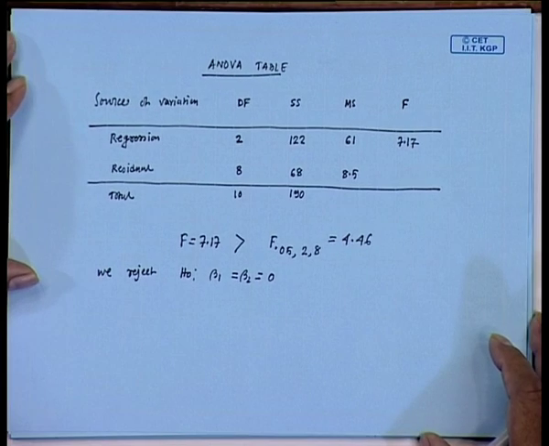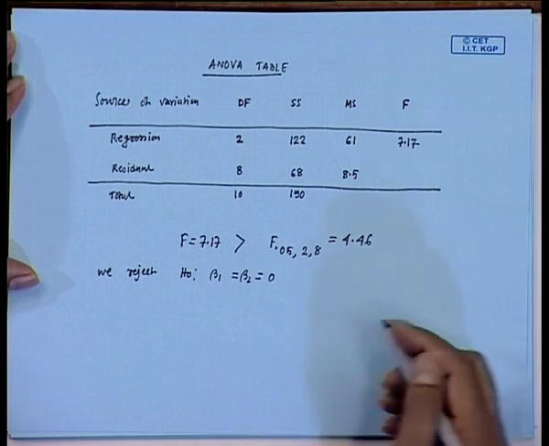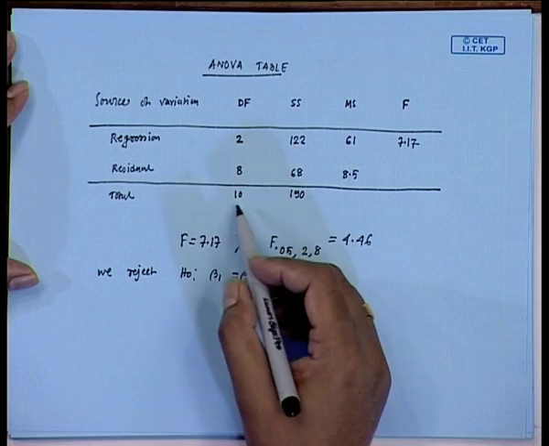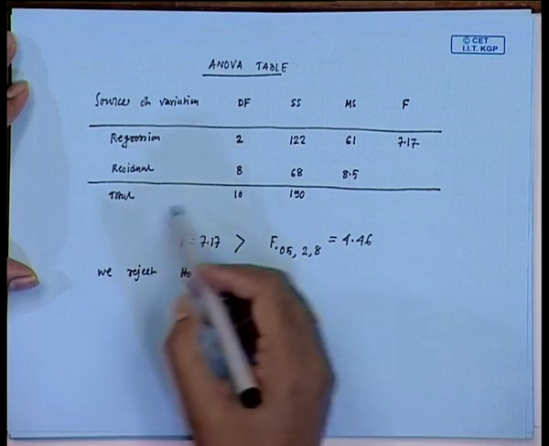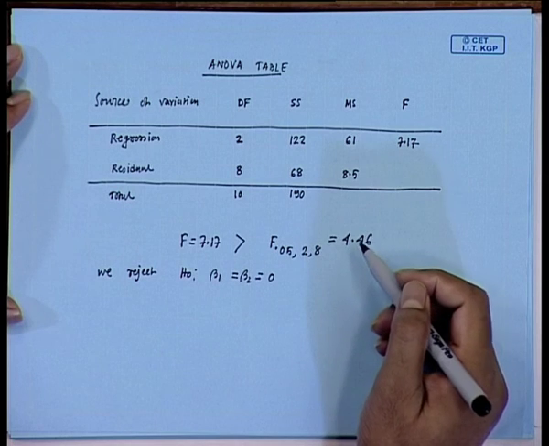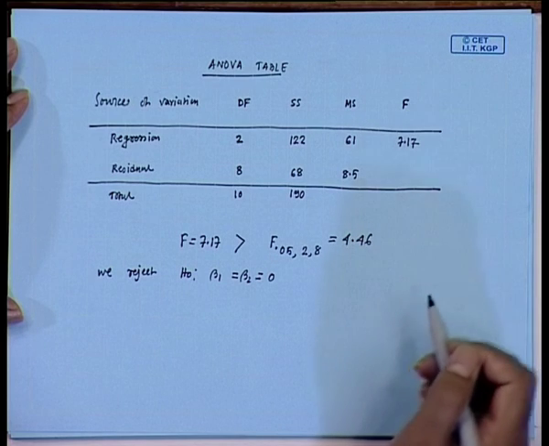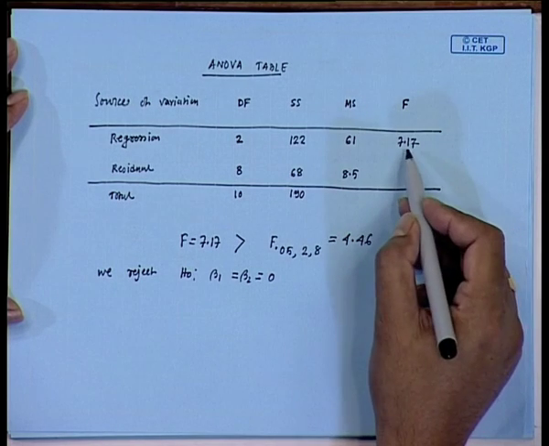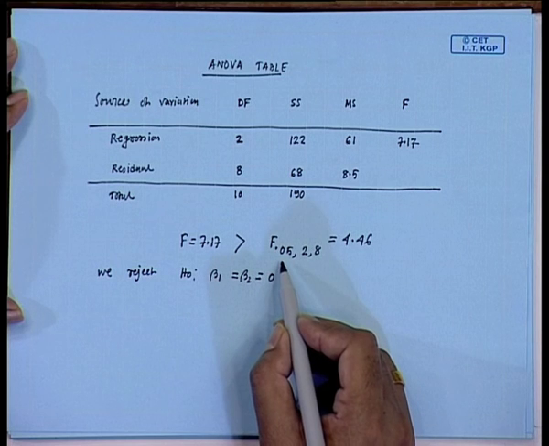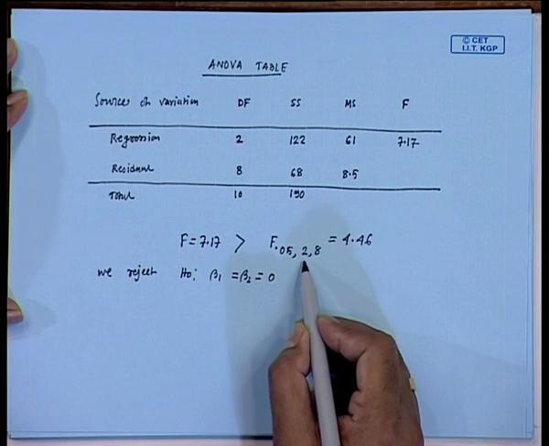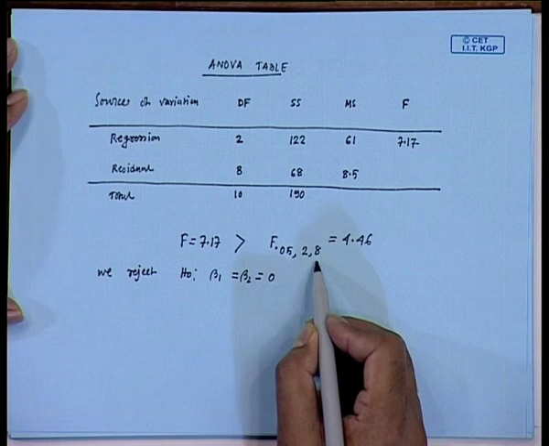So, here is my ANOVA table for this data. You can refer to my classes in module 2. We have 11 data points, and that is why the total degree of freedom is 10, and the F value is 7.17. This F follows an F distribution with degrees of freedom 2 and 8.